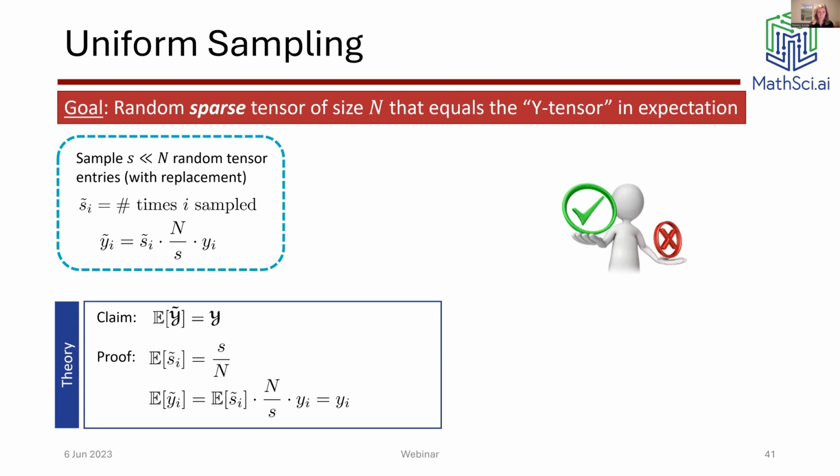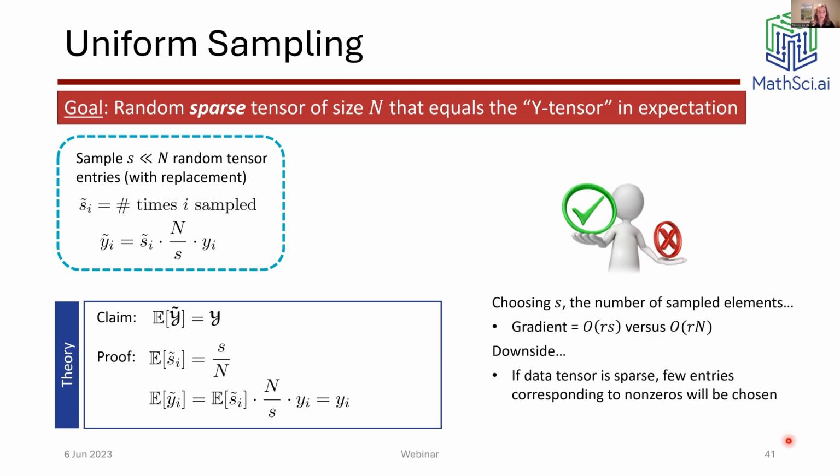The advantage of this is that you can choose your S to be pretty small, and the gradient is very cheap to evaluate. It's R times little s versus R times the huge number of entries in the tensor. And you can control S. Basically the bigger S is, typically the faster it will converge, but you can choose S small enough so that everything easily fits in the memory of your iPhone or whatever you're calculating on.